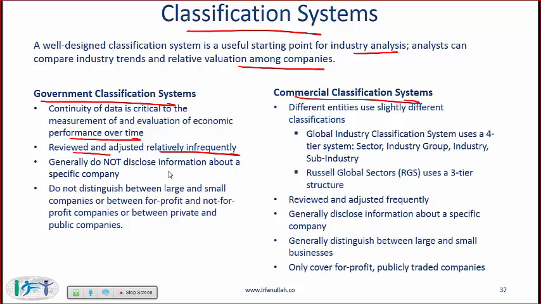Generally, they do not disclose information about a specific company, so they will not tell you which company falls in which category. They do not distinguish between large and small companies, or between for-profit and not-for-profit companies, or between private and public companies.